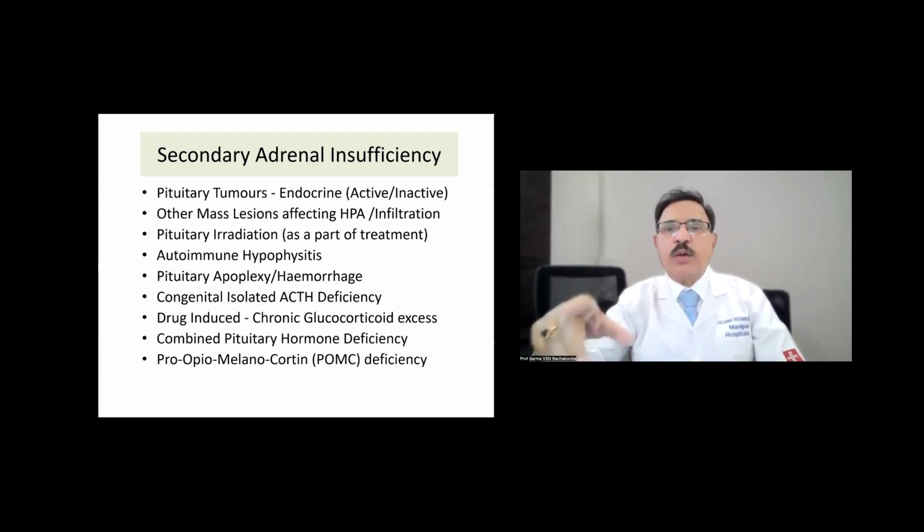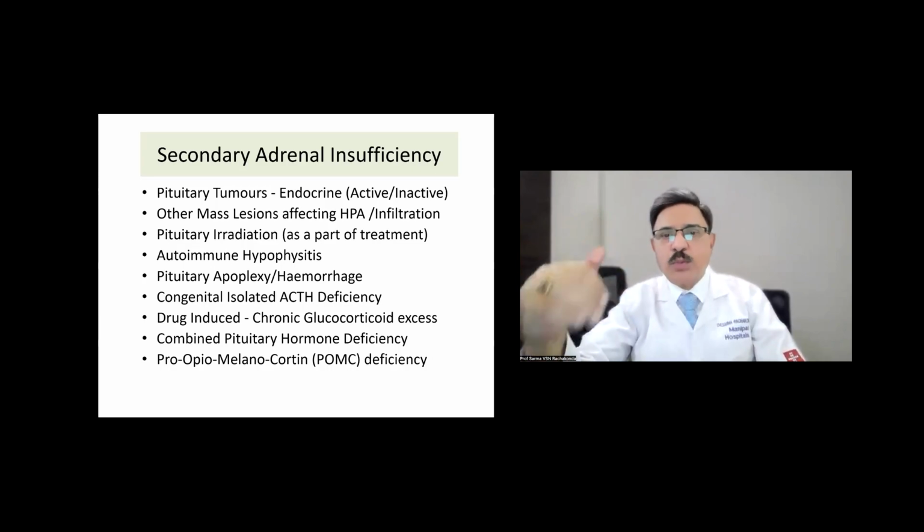Drug-induced: chronic glucocorticoid excess can suppress the pituitary. Combined pituitary hormone deficiency means all the hormones secreted by the pituitary, like TSH, FSH, and the other factors, are depressed. There is also POMC, pro-opiomelanocortin deficiency.